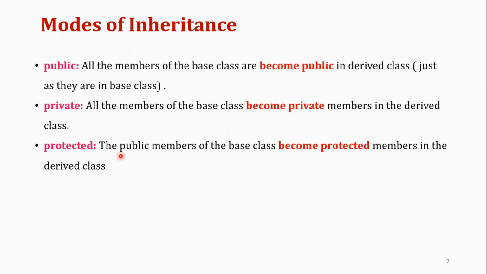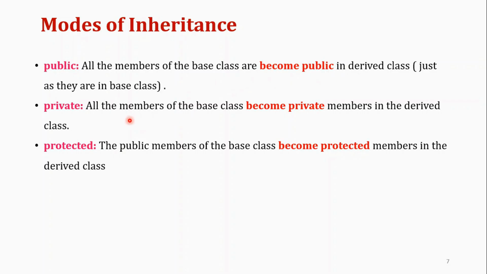So the public mode means, if you are inheriting in the public mode, all the members of the base class are public in the derived class. Okay. While inheriting in a public mode of inheritance, all the base class members become public in the derived class, just as they are in the base class. That is what the public.